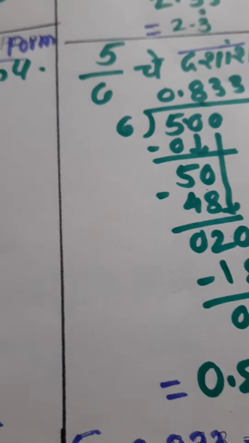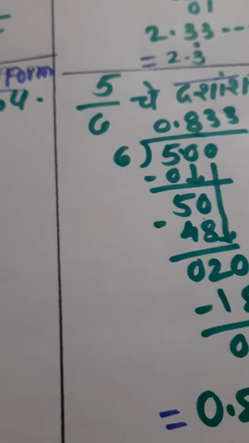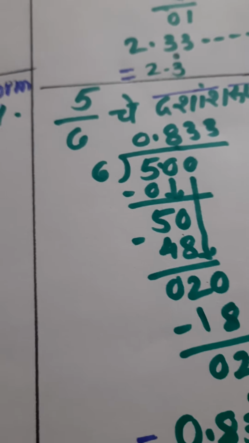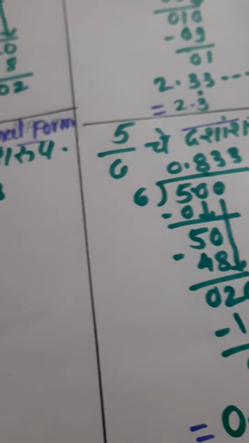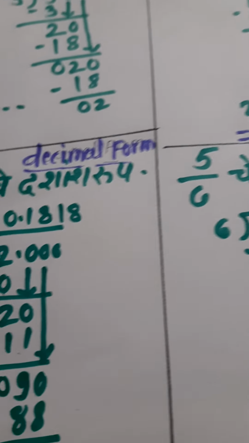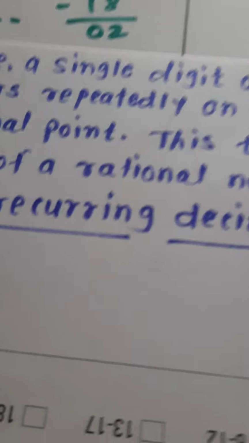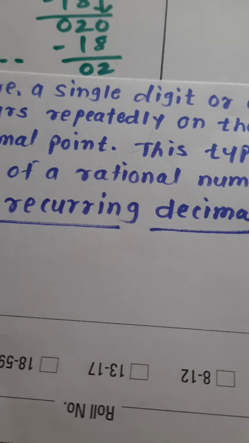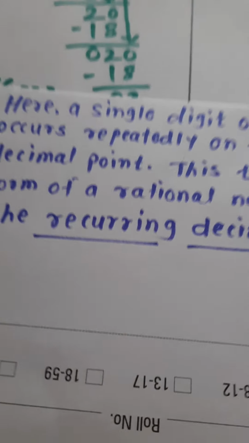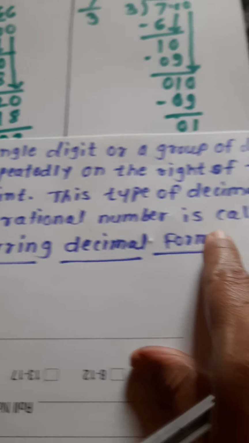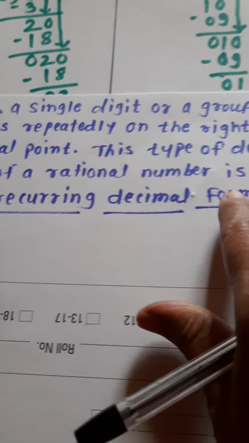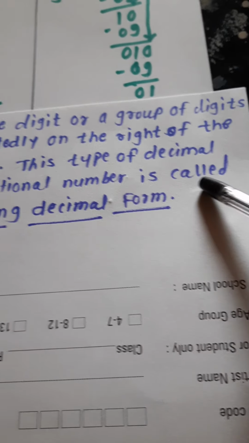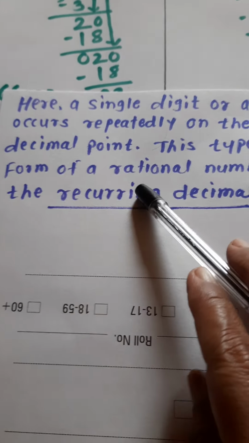The next one, I will conclude that we know the single digit or a group of digits occurs repeatedly on the right side of the decimal point.